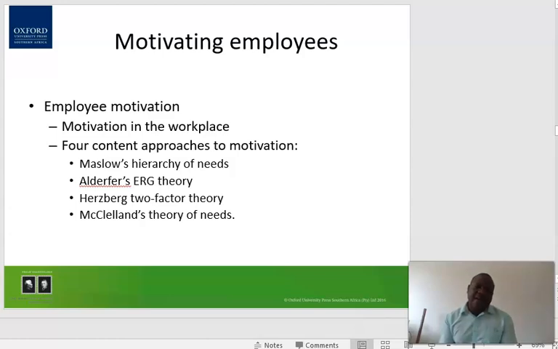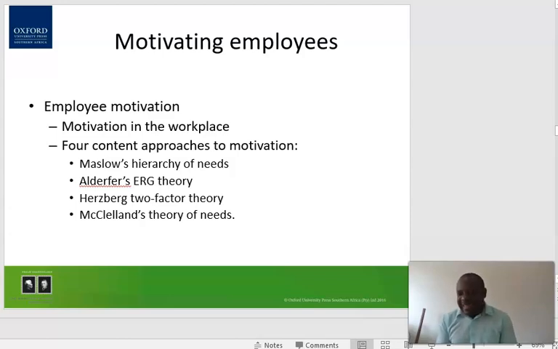However, Alderfer identified three needs, which are basically the need to exist, the need to relate, and the need for growth. And he said these needs can emerge in any order, not as was prescribed by Abraham Maslow.